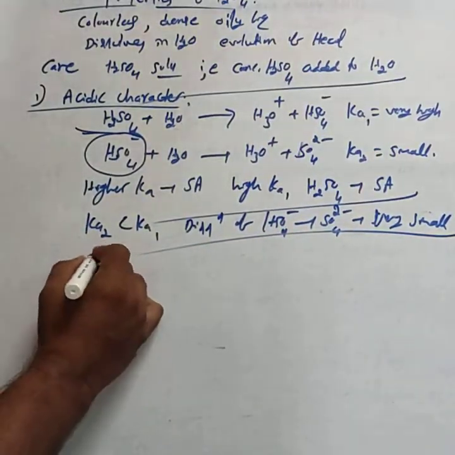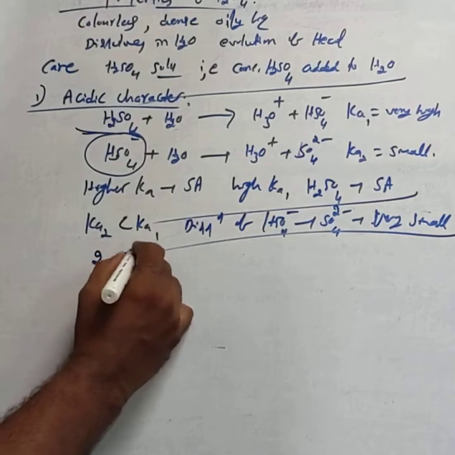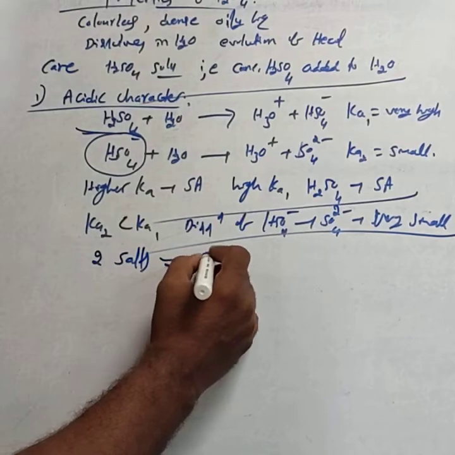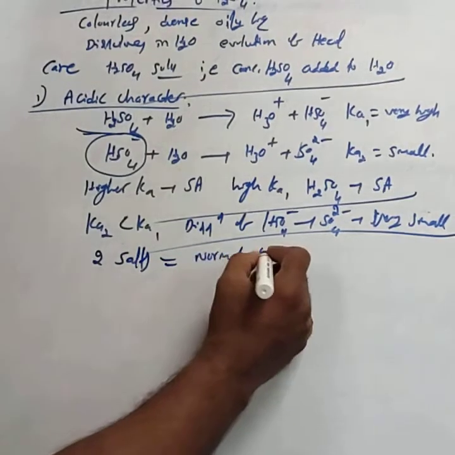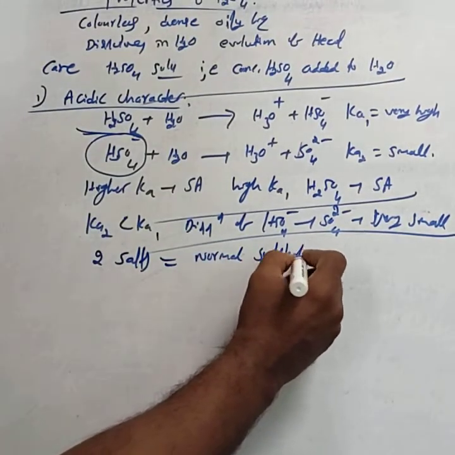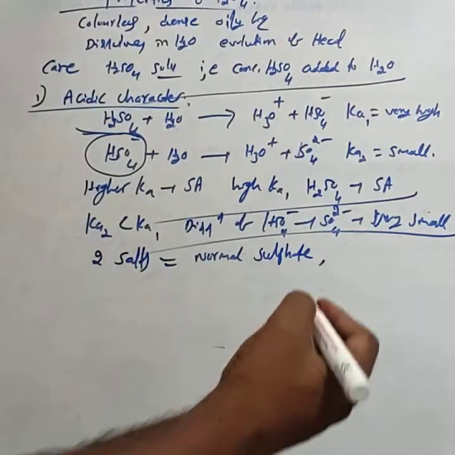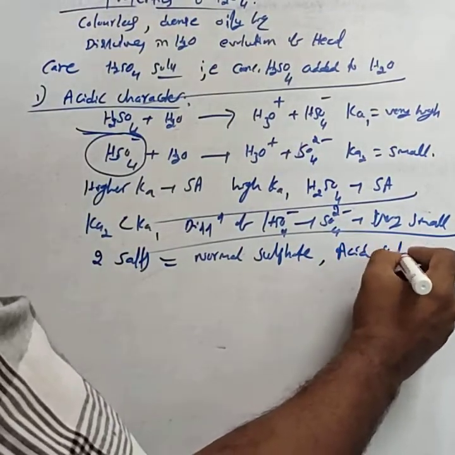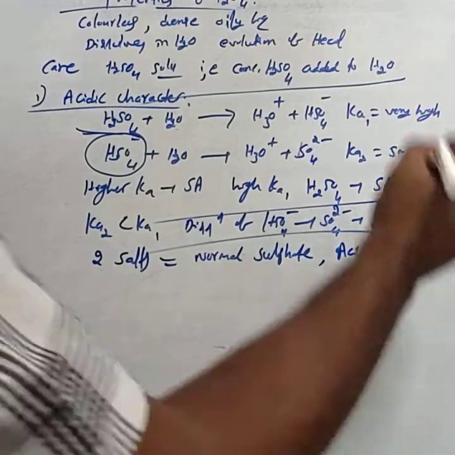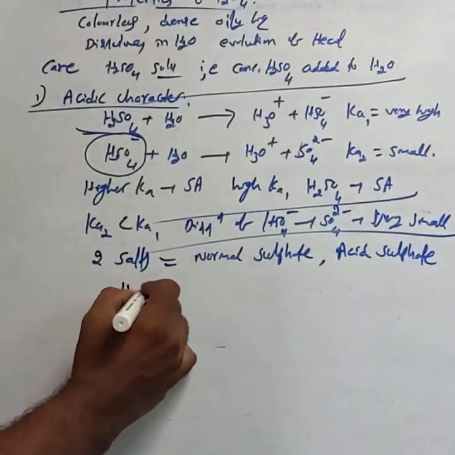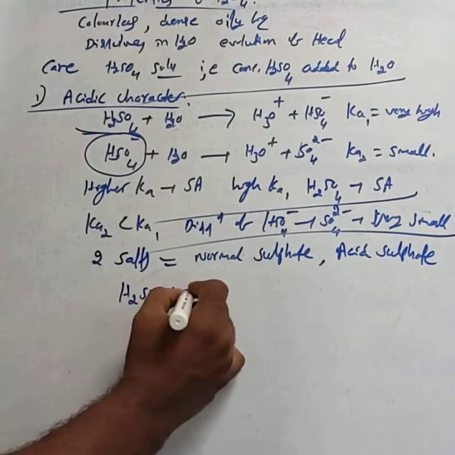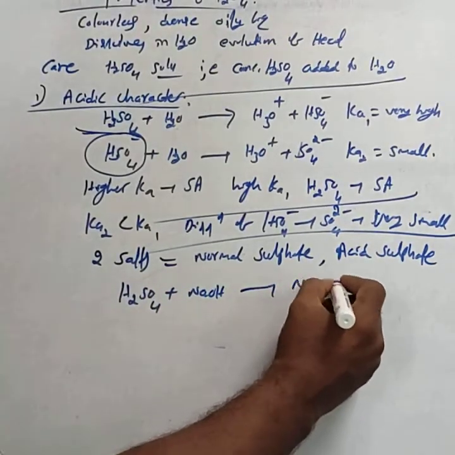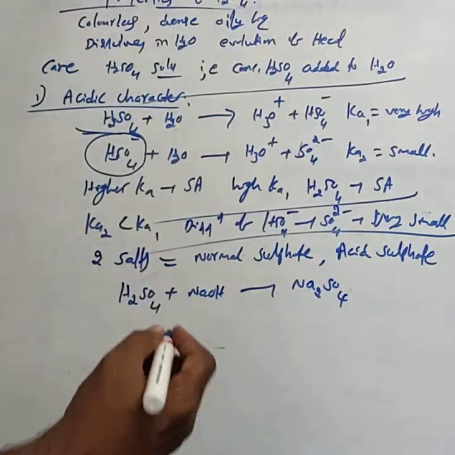Sulfuric acid forms two types of salts with the bases, namely normal sulfate and acid sulfate. When H2SO4 reacts with 2NaOH, it forms Na2SO4.